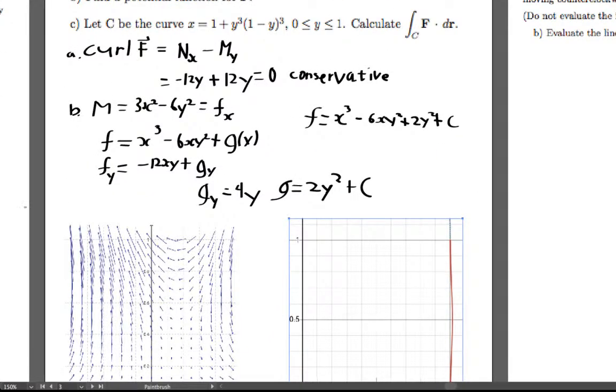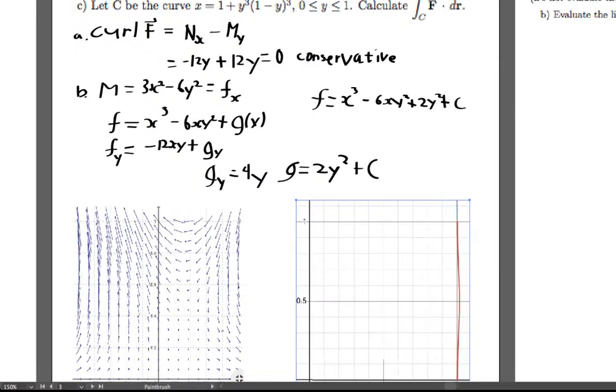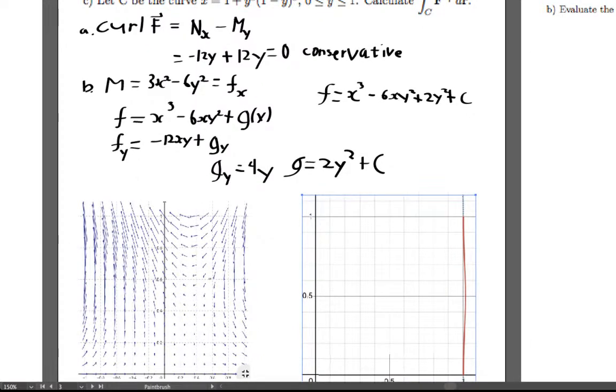You can see that this plot tells you about the gradient.